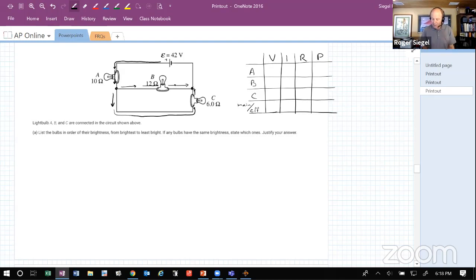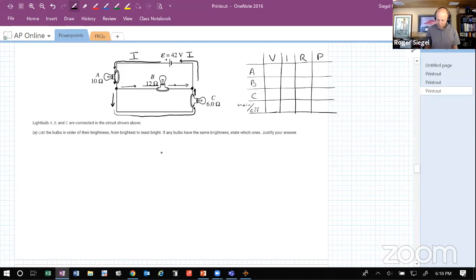If I could sing, I'd probably sing for you, but I can't. So they're reunited, and the current then returns to the battery. The current leaving the battery must be the same as the current that comes back to the battery. So in order to simplify this, we're going to take these three resistors and break them down to one.